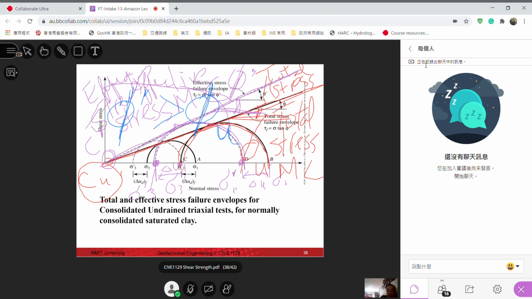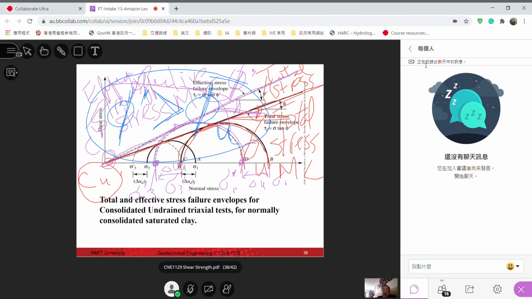Now, if you don't find this condition, then your answer would be wrong. The effective angle of friction under drained condition must be larger than the undrained angle of friction. These notes didn't talk about it, but if you read the textbook, maybe some textbooks mention it. If you don't get this condition right, that means your test must have some mistake somewhere.